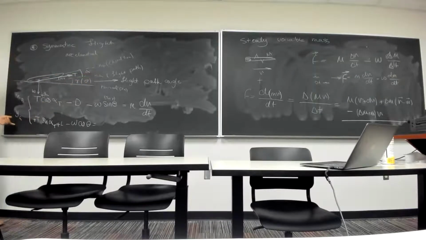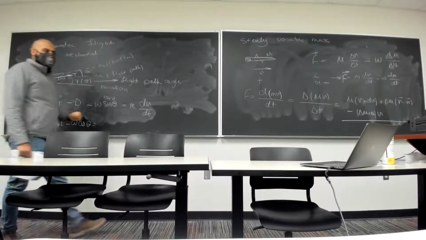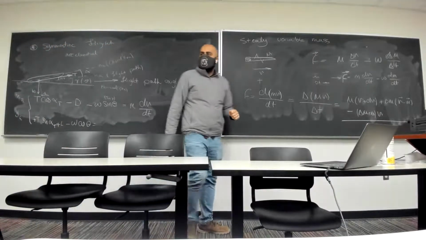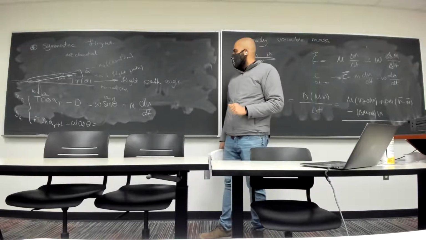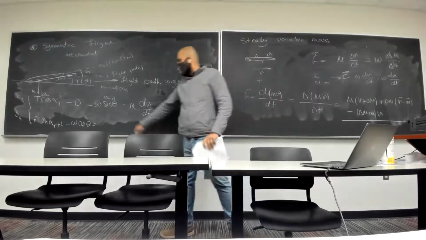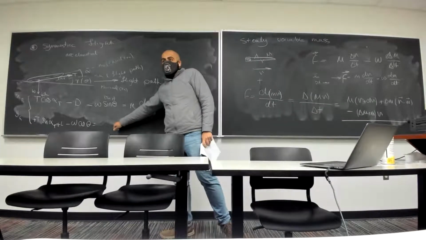This is y of a, which is not the direction of the flight. There is no dV/dt in this direction. There is no V in the other direction. But it is not. Is it? I don't know. I'm asking you.